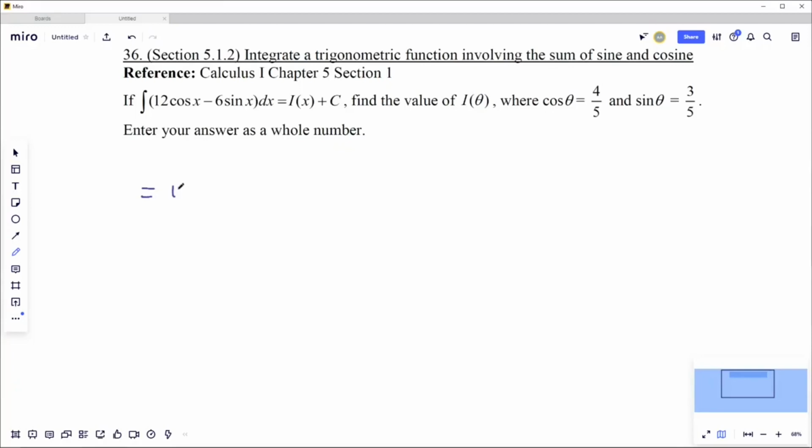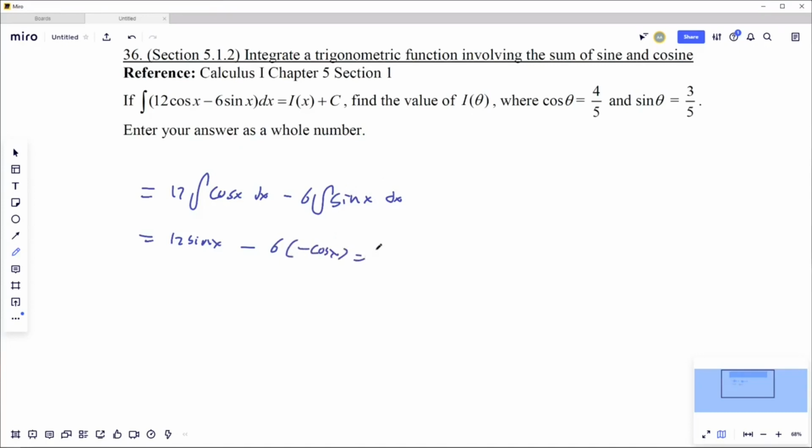For this one, again, you need to break the integral: 12 times the integral of cosine x dx minus 6 times the integral of sine x dx. This is equal to 12 times the integral of cosine, which gives sine x, minus 6 times the integral of sine x, which is minus cosine.